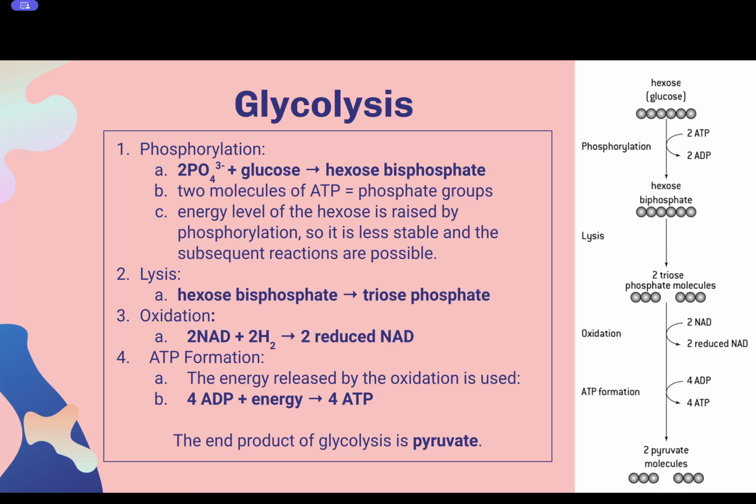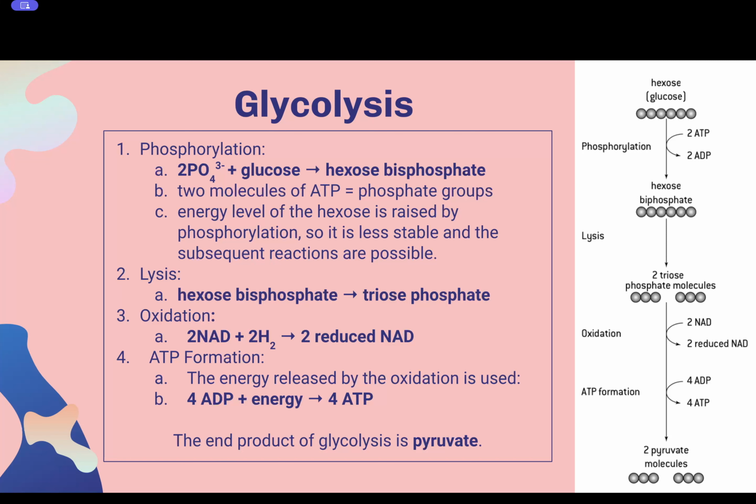The 2 triose phosphate molecules each let go of one H to get 2 NAD converted to 2 reduced NAD. In ADP formation, the 2 triose phosphate molecules get rid of phosphate and energy to convert ADP to ATP.